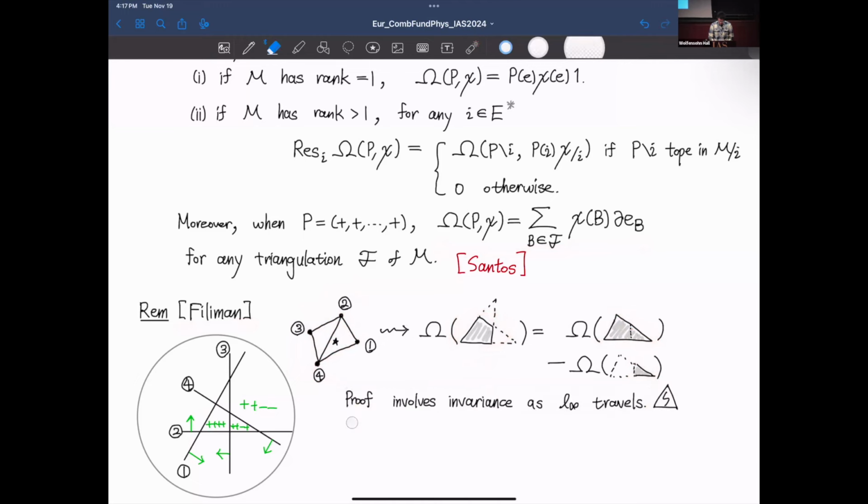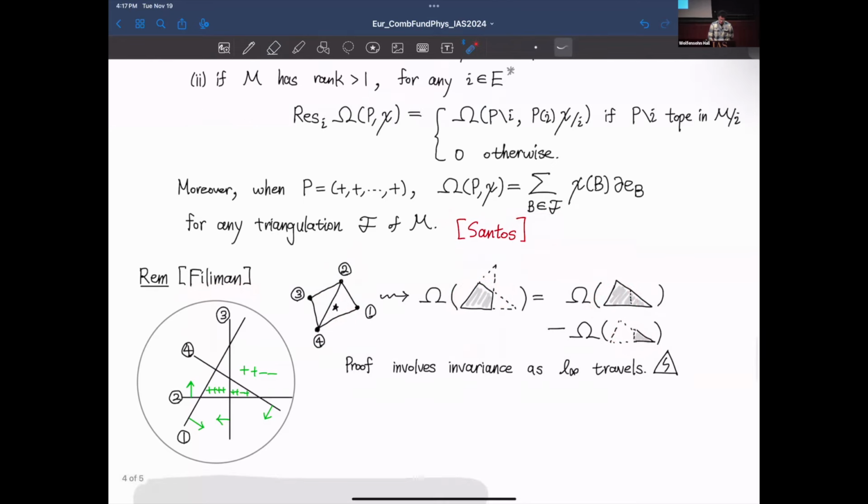But if you try to run the same proof that is in Philemon's paper about expressing some region as a linear combination of these simplex-looking regions, what the proof needs is some quantity, for instance, this region minus this region plus this region equals 0. So it needs a quantity like that to stay constant as I vary this hyperplane at infinity. I mean, that's one of the key steps in the proof in the realizable case.